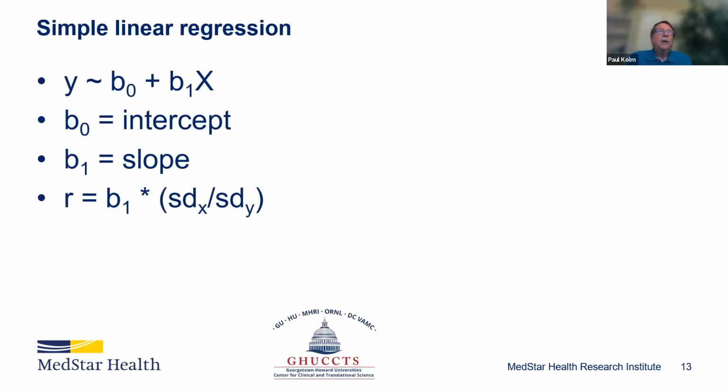In simple linear regression, where we have just one independent variable, as I mentioned, the beta sub 0 is the intercept, the beta sub 1 is the slope of the regression line, and knowing the slope, we can calculate the correlation coefficient, which is a standardized slope. It's the slope times the standard deviation of x divided by the standard deviation of the y variable.